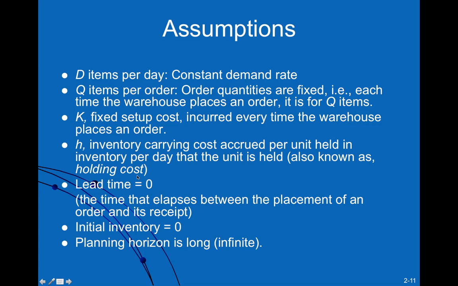We assume that there's no lead time at this point, which is kind of crazy, but there's usually a lead time, and we could assume that the lead time is constant. The initial inventory is 0, and the planning horizon is basically infinite, so this process just repeats itself over and over again.